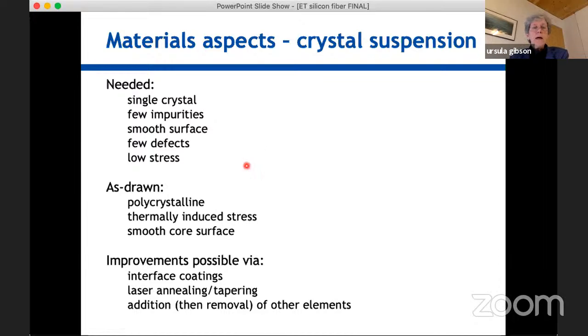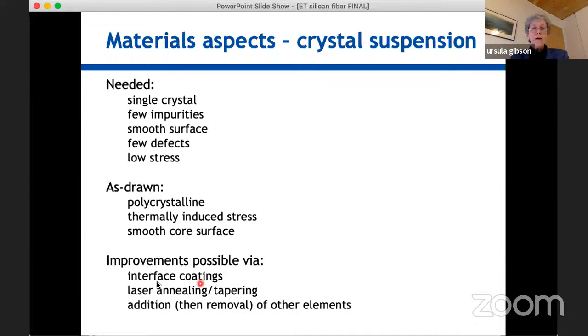And what we do, which I'll tell you in a second how we do it, is that typically as we make the fibers initially, they are polycrystalline. They do have some stress, but they have incredibly smooth surfaces, and they're really quite easy to work with. We can improve them by making interface coatings. Some of these lead to higher crystallinity. They reduce stress.